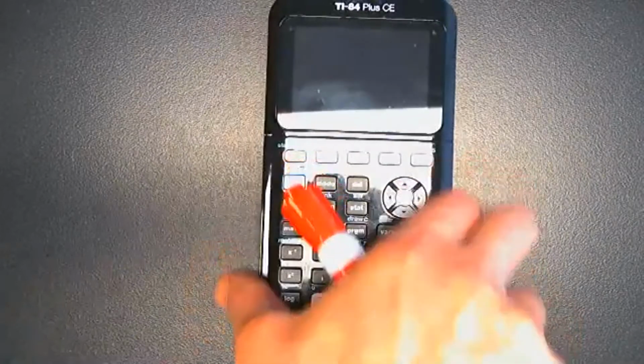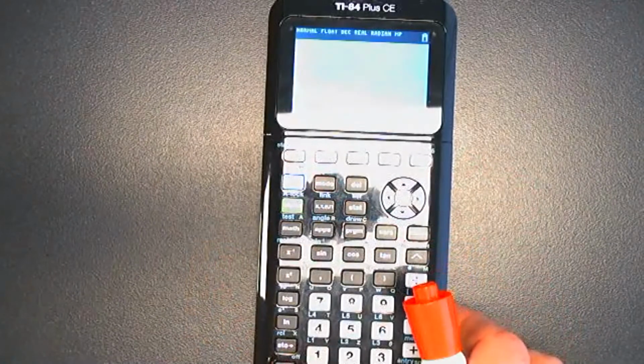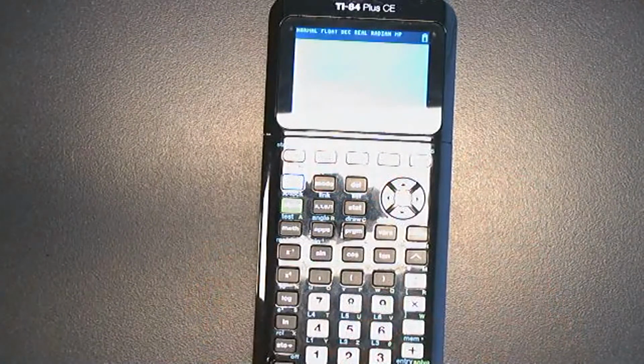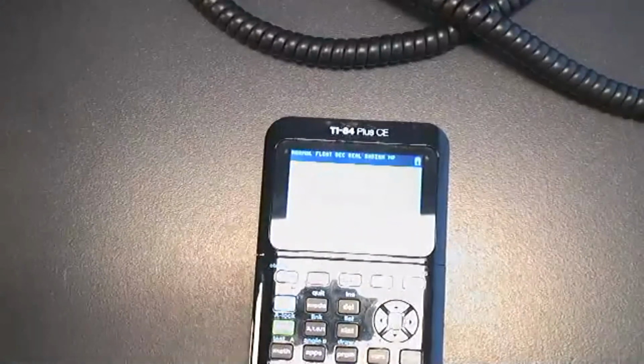What I've done is come into class today so I could write on the board and also utilize the camera here. So this time I am going to show how to integrate utilizing your TI-84.